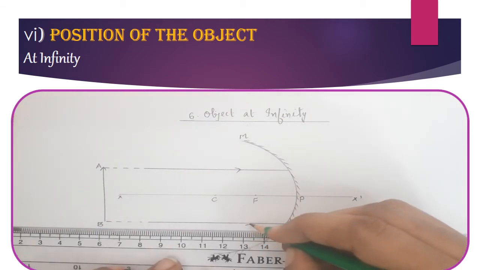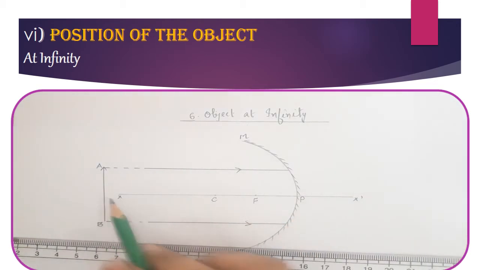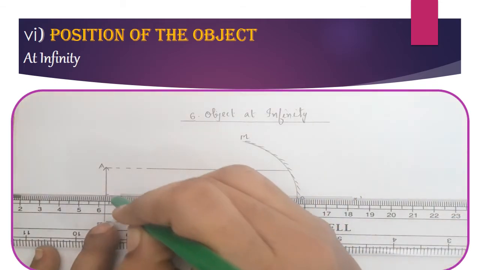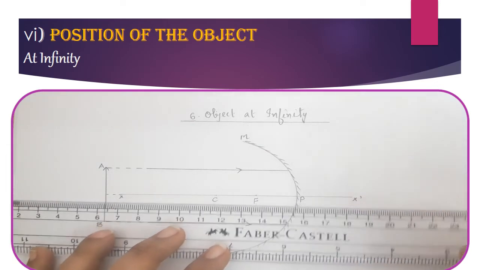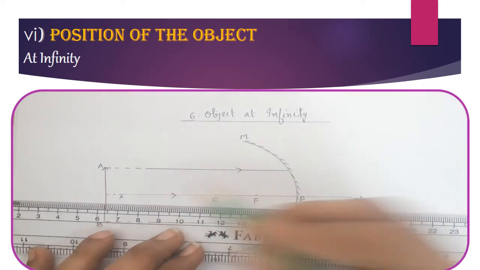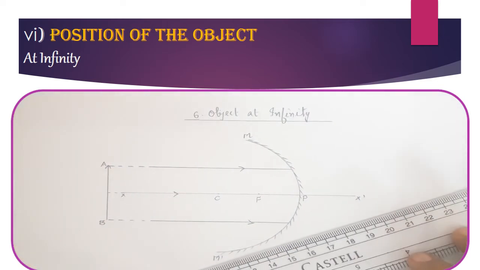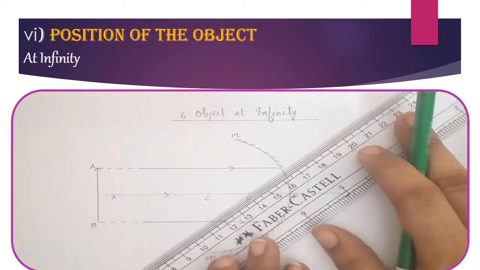We can draw any number of incident rays, but for image formation we need a minimum of 2 rays. We can also show a light ray that is falling, entering through the principal axis normally to the reflecting surface. Now we are using the rule: the light ray that passes parallel to the principal axis will pass through the principal focus after reflection.